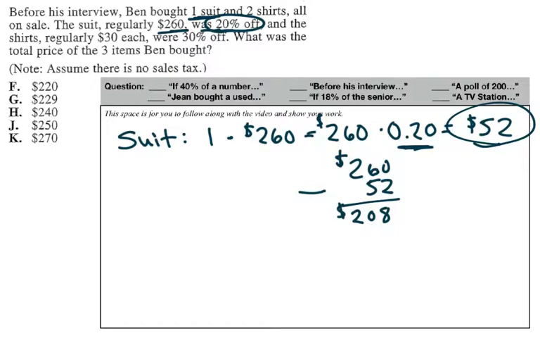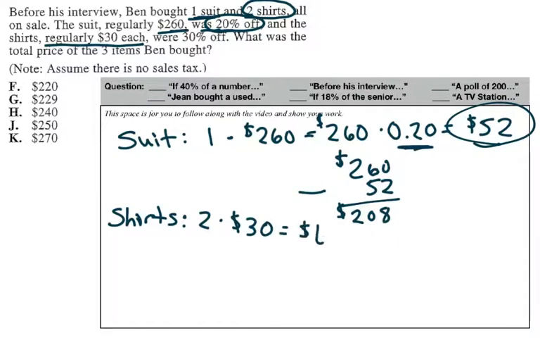Then I need to calculate my shirts. So I'm going to do shirts over here. And we're going to go back to the question and see how many shirts he bought. Up here we have 2 shirts. So 2 times, let's see, the shirts regularly $30. So they're each $30. And I know that 2 times 30 would be $60.